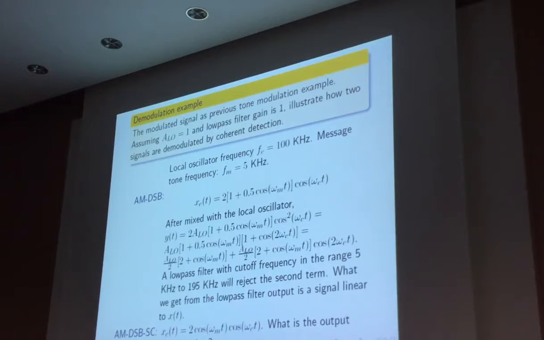Perfect recovery. But in the real case, we have noise and we have attenuation, because the RF signal propagates from the transmitter to the receiver, so definitely there was some attenuation. So the received signal x_c(t) at the demodulator cannot be exactly the same, with the same amplitude. We made an assumption here: there's no attenuation at all.